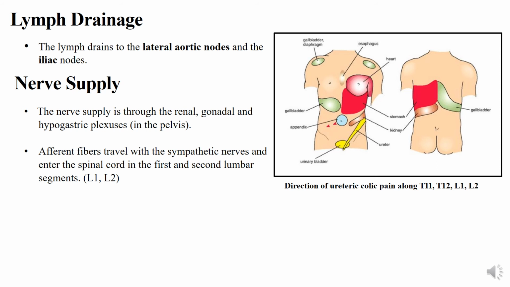And then they enter the spinal cord in the first and second lumbar segments. And the referred pain from the ureter is usually referred to the ipsilateral lower quadrant of the anterior abdominal wall and to the groin as well.